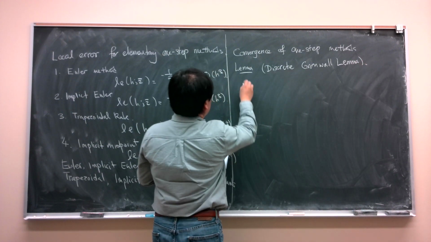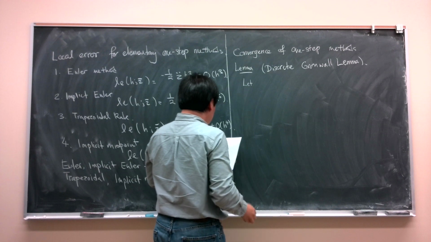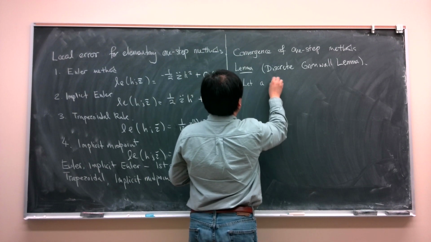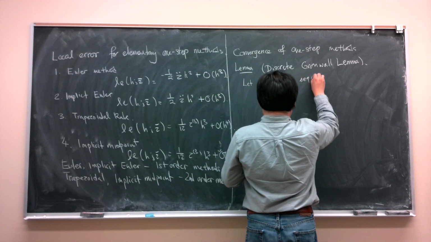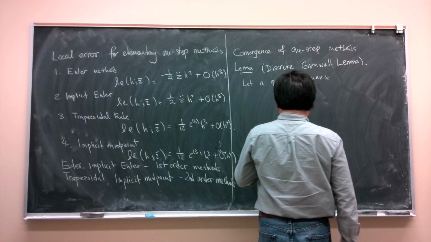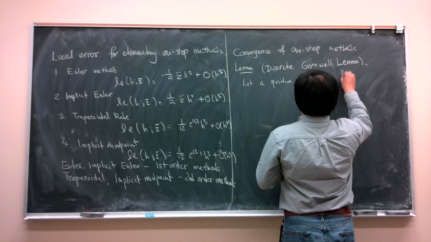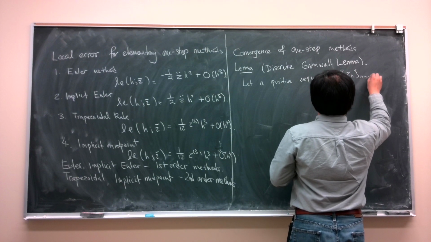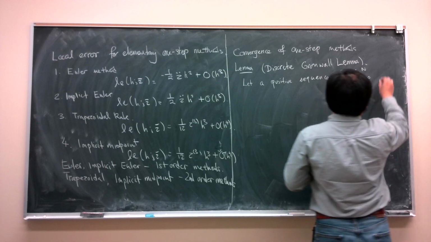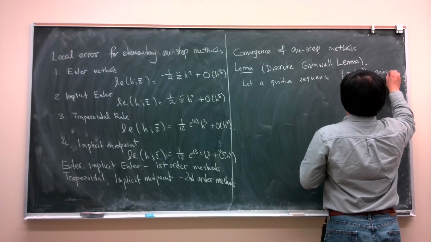Okay, so let's say you have a positive sequence. Let's call that Zn, n goes from 0 to big N, and it satisfies the following relationship.